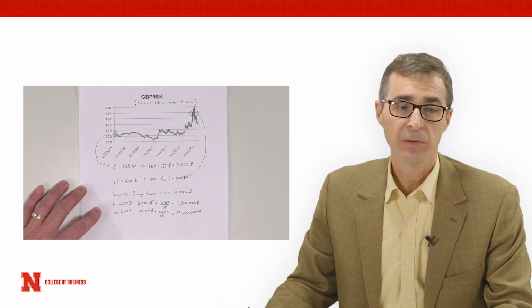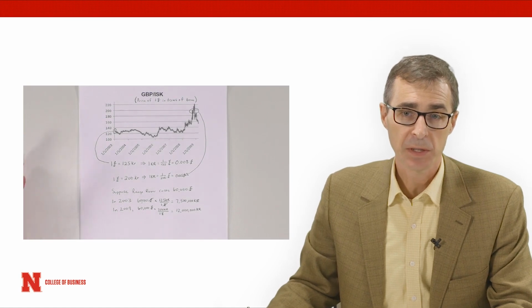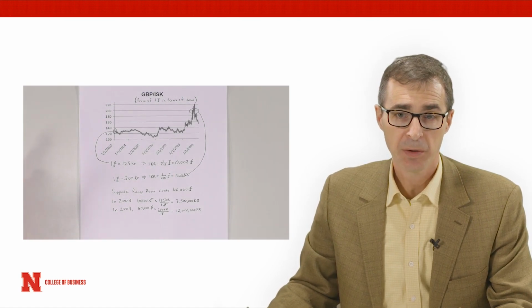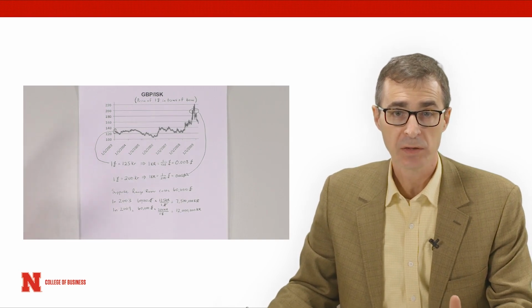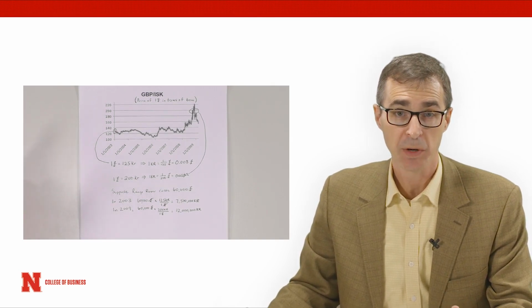So in this very simple example, we can see that as the British pound appreciated and the Icelandic krona depreciated, from the perspective of the Icelandic consumer, the price of those foreign goods became much more expensive.